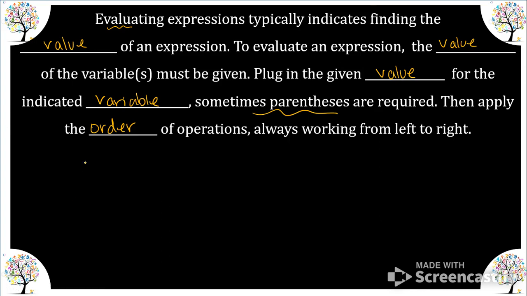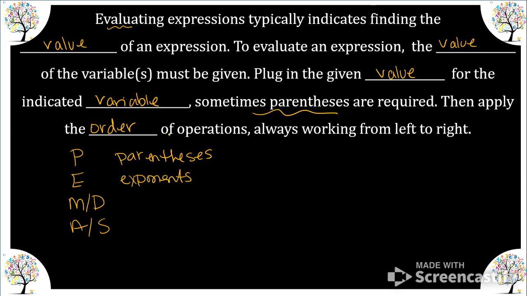So our order of operations: please excuse my dear Aunt Sally. So we always do parentheses first, or we can say the grouping symbols. Then we evaluate any exponents. And then going from left to right, whatever comes first, multiplication or division.